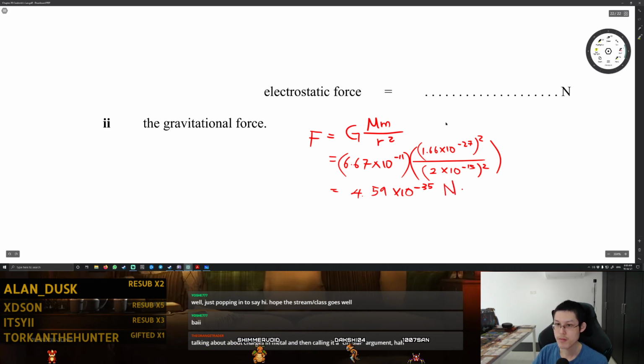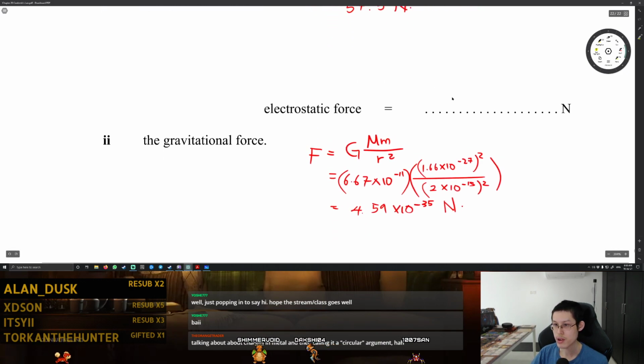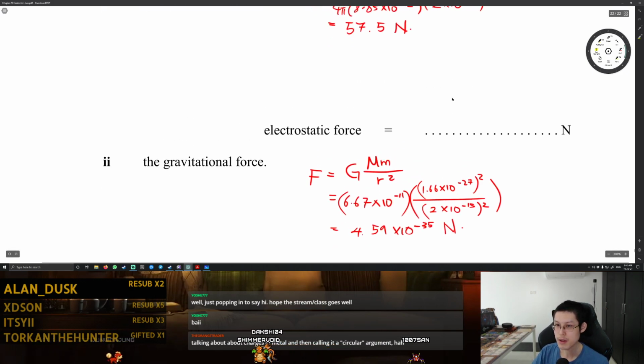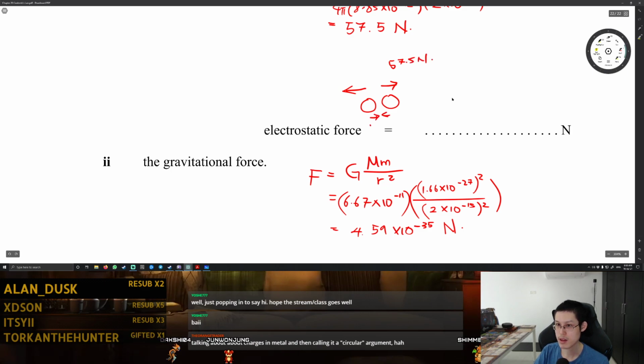Okay, so if you have two protons in a helium atom, they're very close to each other because they are in the nucleus, right? So two protons in the nucleus, the repulsive force is 57.5 newtons, and the attractive force is only a pathetic 4.59 times 10 to the power negative 35 newtons.